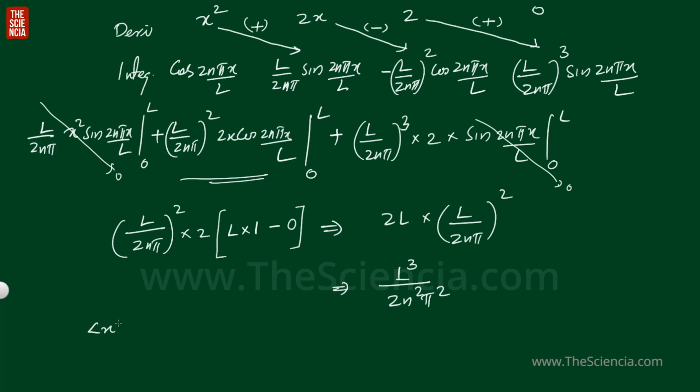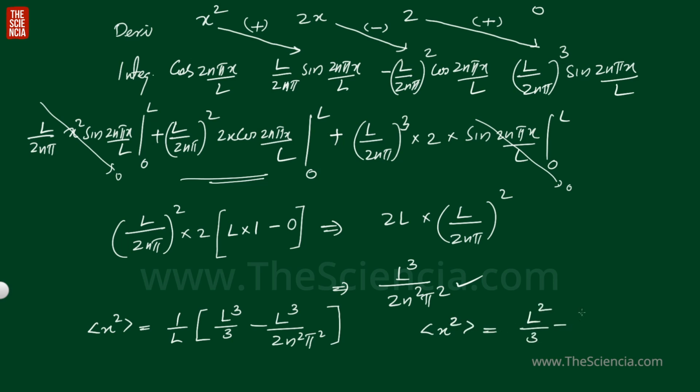So we get expectation value of x square is equal to 1 by L into, from the first integral we get the value L cube by 3, and the second integral we got this value, that is minus L cube by 2n square pi square. That is, expectation value of x square is equal to L square by 3 minus L square by 2n square pi square.